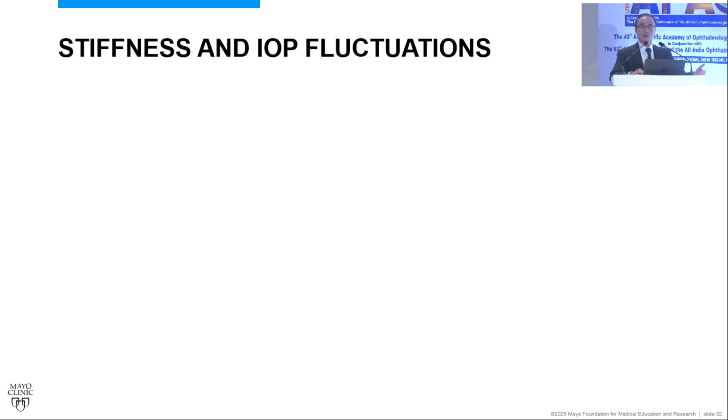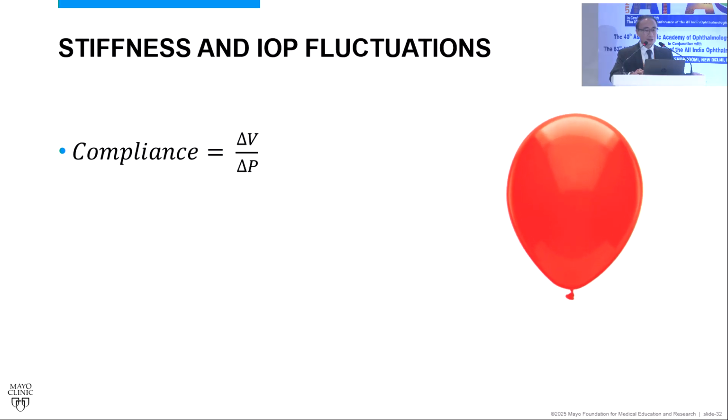So why would that potentially contribute to glaucoma or predispose to glaucoma? And the reason may be related to IOP fluctuations. So IOP fluctuates when the volume of the eye changes. And this goes to the idea of compliance. If you think of the eye as a balloon stretching and contracting, the only way that pressure changes is that volume changes.